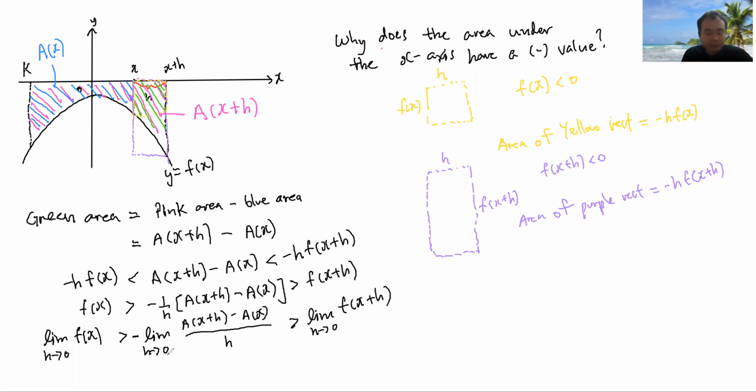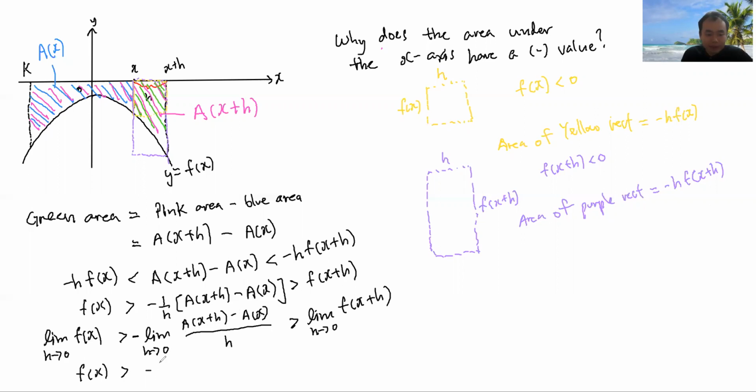Now this is the good thing: f of x is quite independent of h, right? So when h approaches 0, this is still f of x, isn't it? And now this is a negative. If you recall, this limit of A of x plus h minus A of x over h, from the first principles of differentiation, is actually dA/dx.